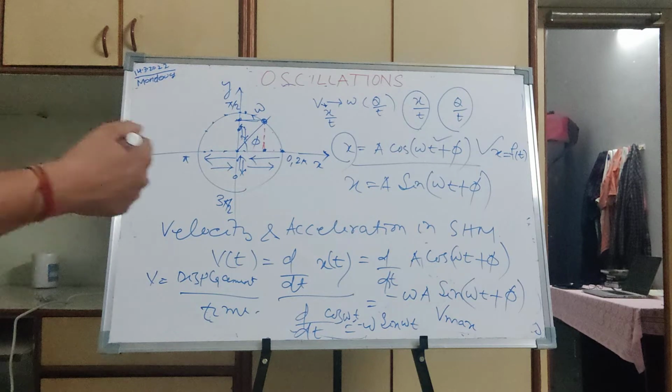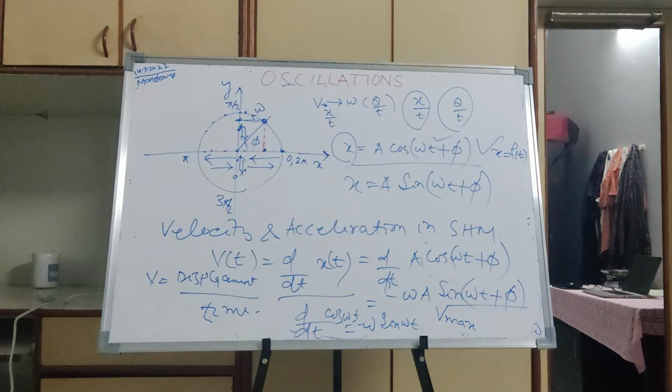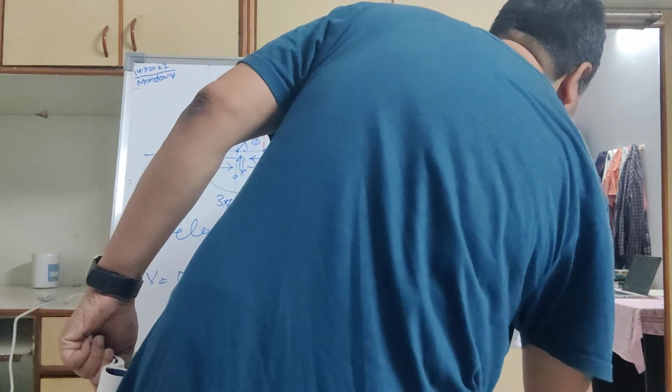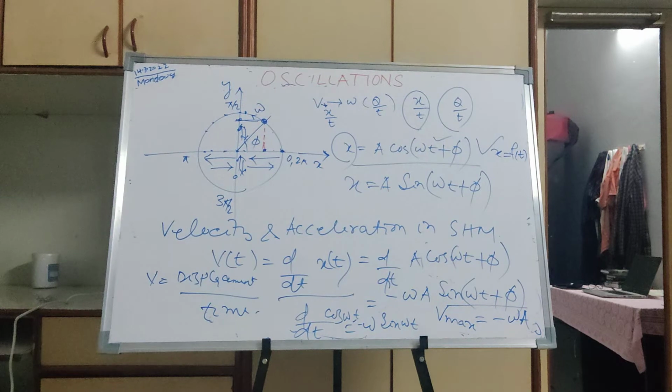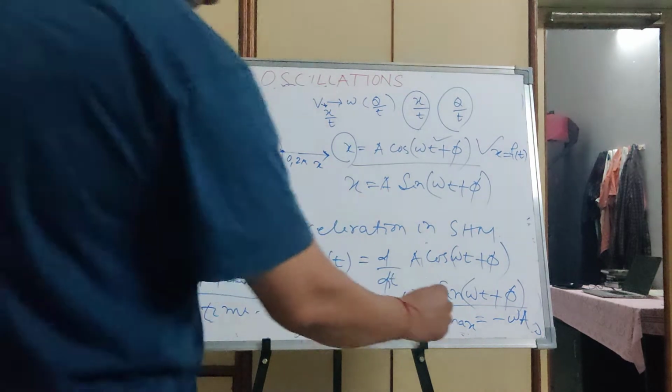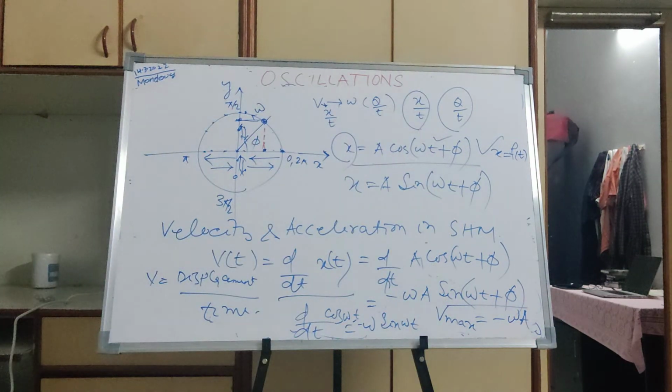So V max, since the maximum value of sin is 1, is equal to minus omega into the amplitude. That's the expression for maximum velocity.